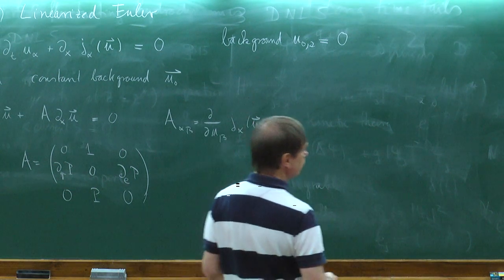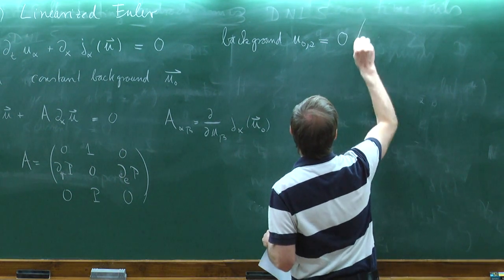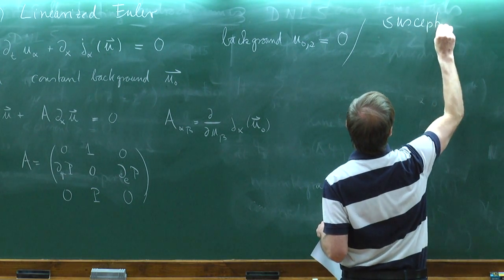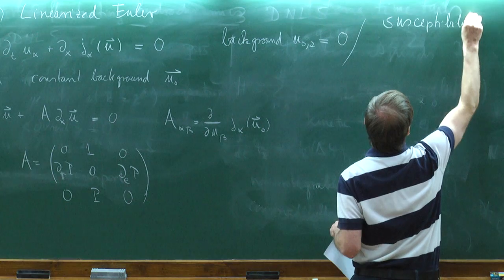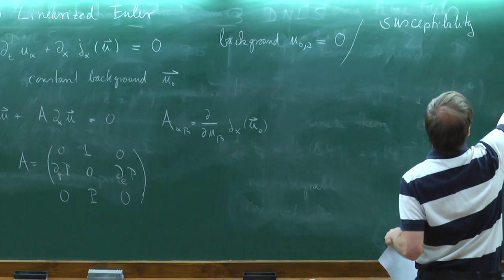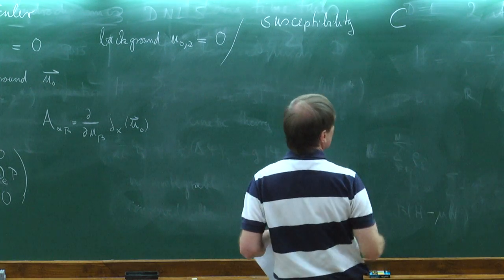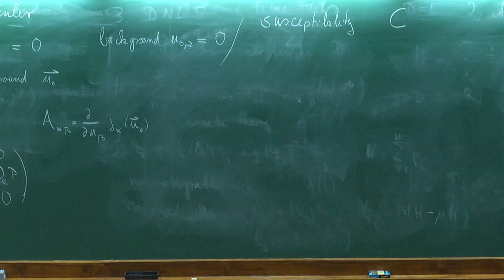So the point is the following: first of all, we need the susceptibility matrix, which I call C. The C matrix is simply the static covariance matrix, right?